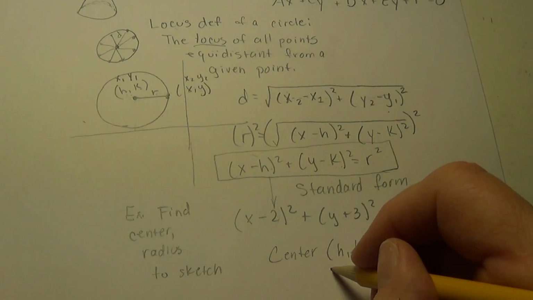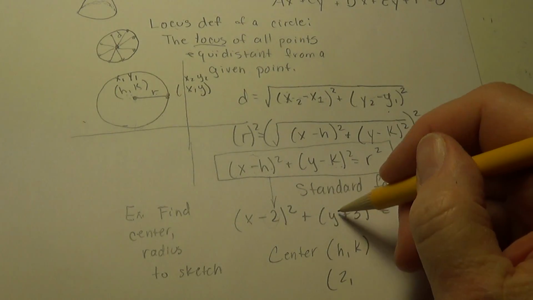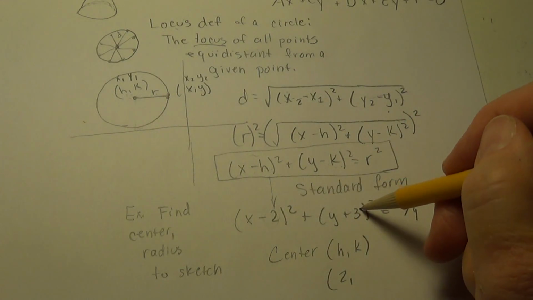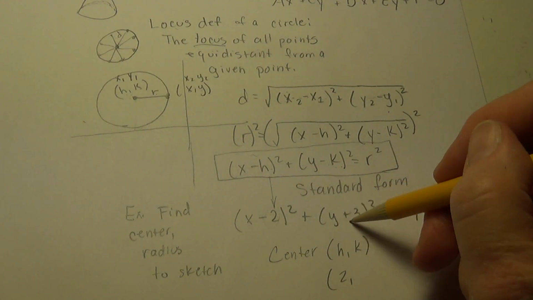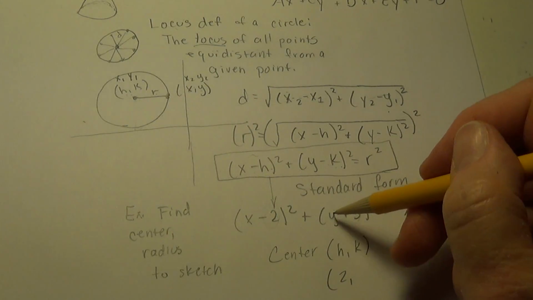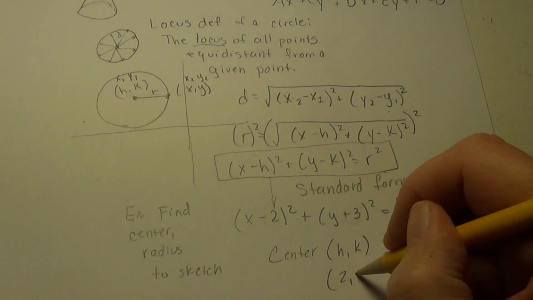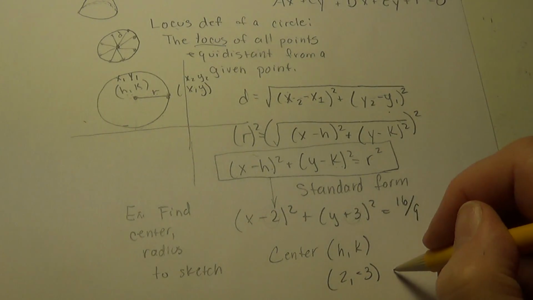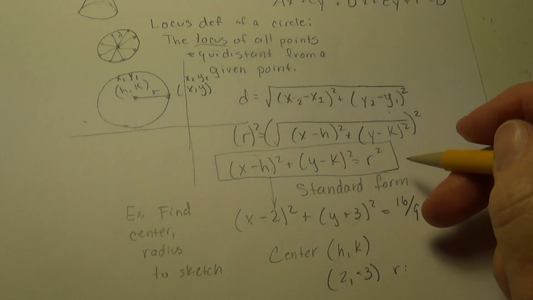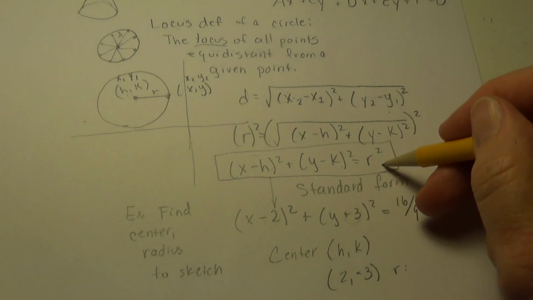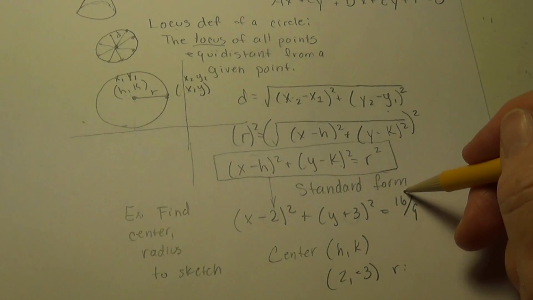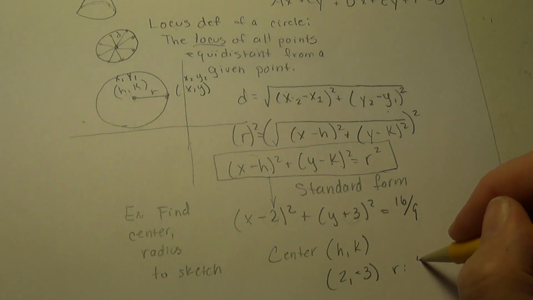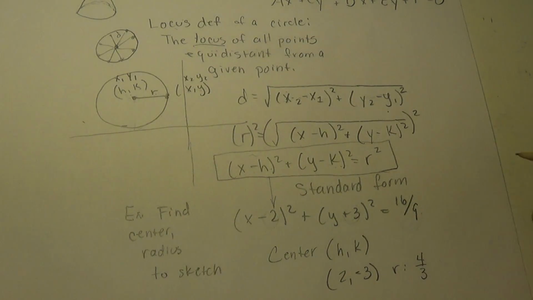So my center is 2, and the first coordinate, and the y coordinate is k. So it's going to be the opposite of the number connected to the y. And the radius is going to be, this is radius squared, so I don't want radius squared, I want radius. So I'll have to take the square root of that, which is conveniently situated. Taking the square root, I get a 4/3.